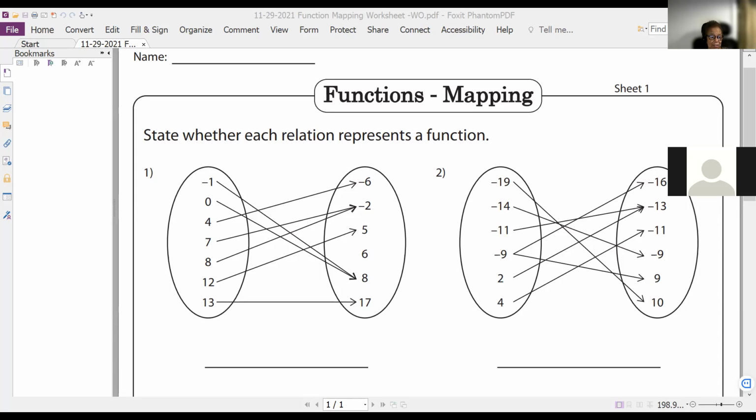So would you say this is a function, this first one? Latoya? Yeah. Would you say this is a function, this first map? Yeah. Why do you say it's a function?